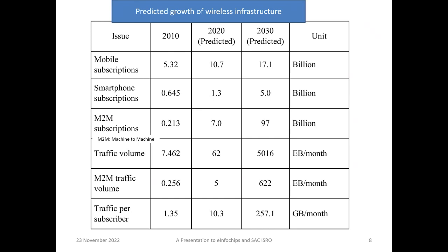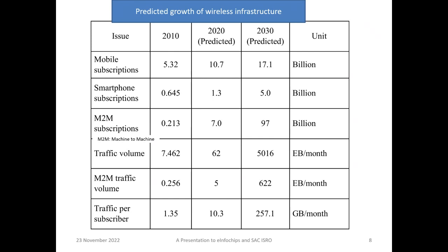This chart shows where we were in 2010, where we are around 2020, 2022, and where the projection is in terms of the next 10 years or so, right? So there is almost a doubling of each of these numbers, or sometimes quadrupling, especially in terms of machine-to-machine communications, the IoT, the Internet of Things, and the sensor networks.